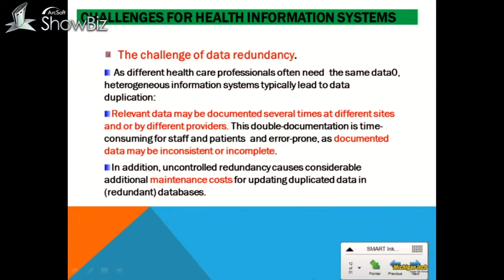The second one is data redundancy. Sometimes when you record the data, even the same data, you have multiple copies. For example, you go to one hospital, you get the CT and MR, then you go to another hospital and get another CT and MR. So we have two copies from the same person, perhaps of the same part.